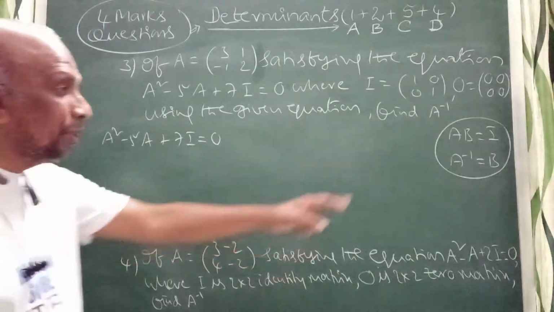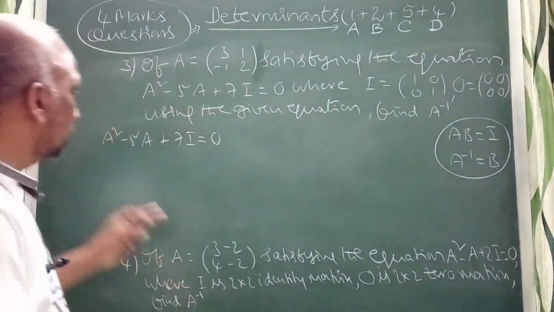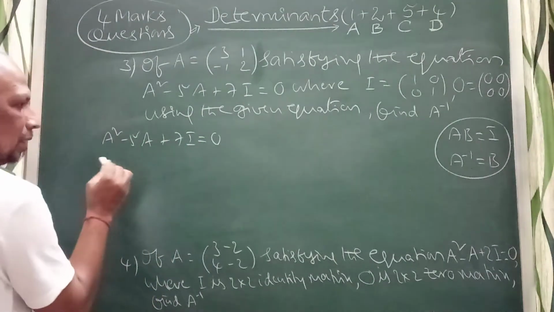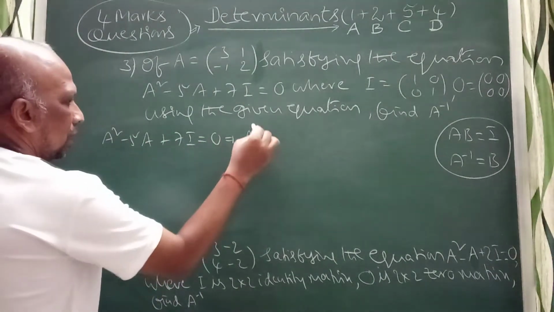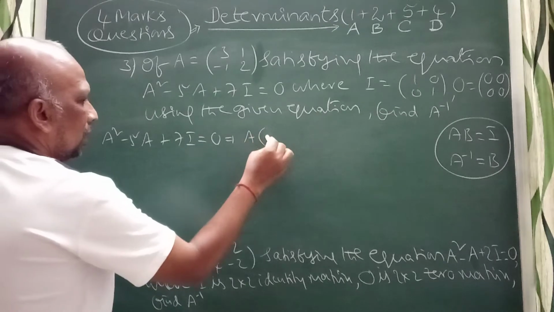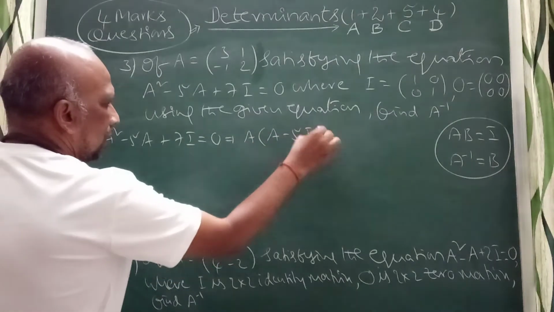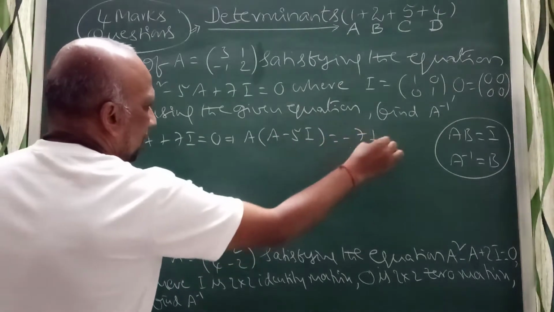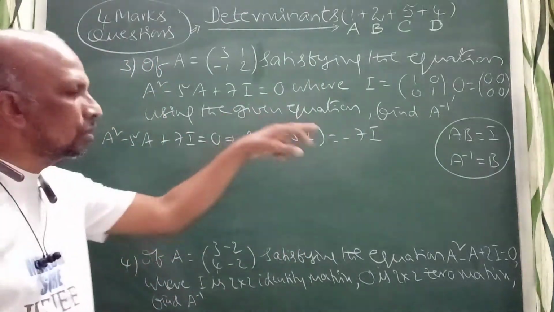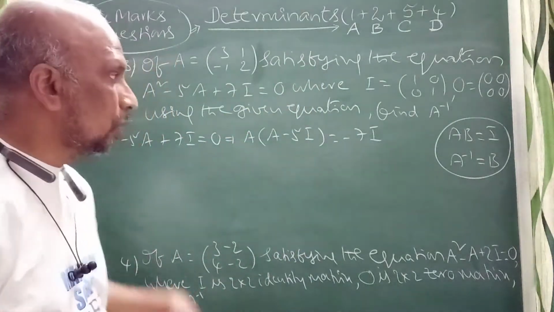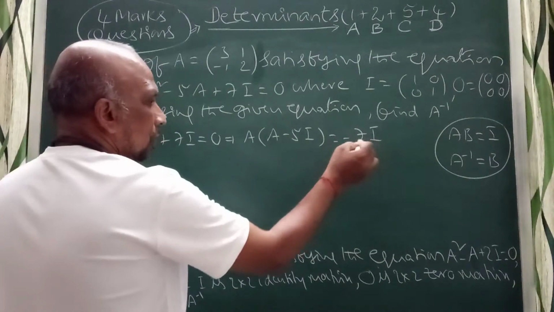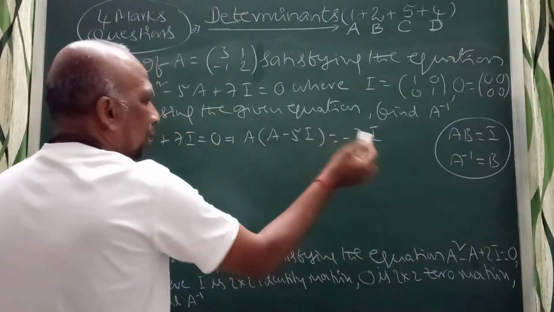Or I can write B inverse is equal to A also. Now from this I can take A common. You will get A minus 5I is equal to minus 7I, right? Transferred to that side, minus 7I. I want I, so divide by minus 7.